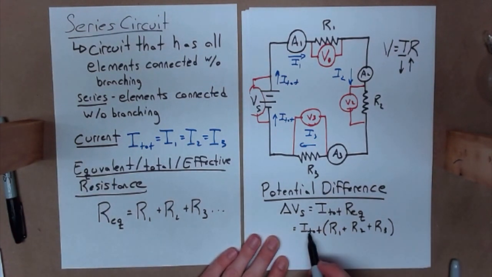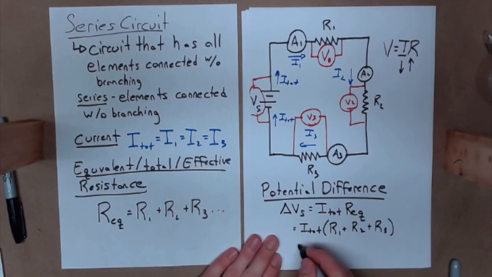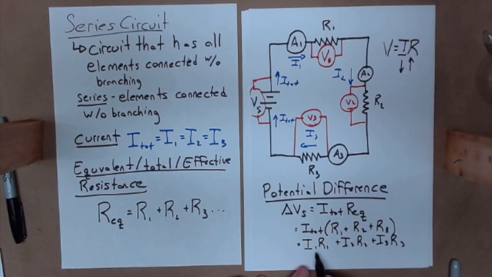I also know that I total is equal to I1, which is equal to I2, which is equal to I3. So if I want, I can rewrite this as I1 R1 plus I2 R2 plus I3 R3. Well, what is I1 R1? That's Ohm's law. That's V1, isn't it? So that's going to be equal to, and I'm going to throw the deltas in now, it doesn't matter again.